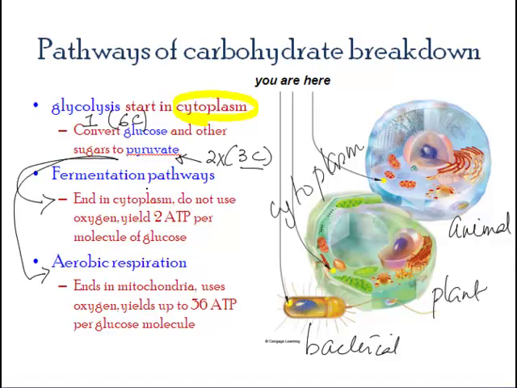One pathway is called the fermentation pathway, which also ends within the cytoplasm, and it yields 2 ATP per molecule of glucose.